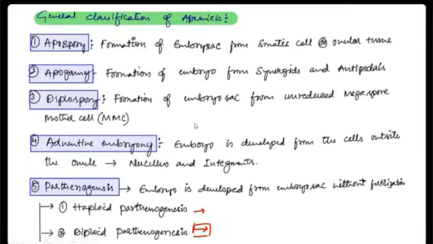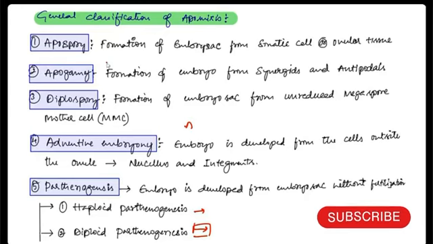Okay, fine. So this is about apospory, apogamy, diplospory, adventive embryony, and parthenogenesis. I hope this is clear. The next thing is pseudogamy. Have you heard about the term pseudogamy?